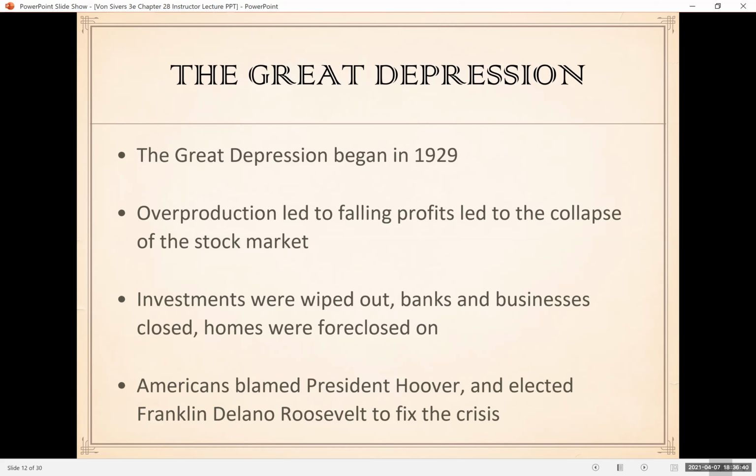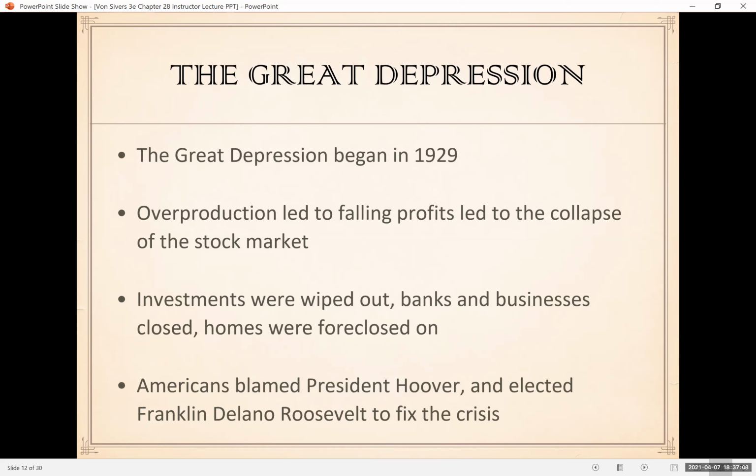And so when the stock market crash happened, and it reached a tipping point, and they started to call in that debt. And it's a Friday in October, and the stock market crashed because one group is calling in that debt.